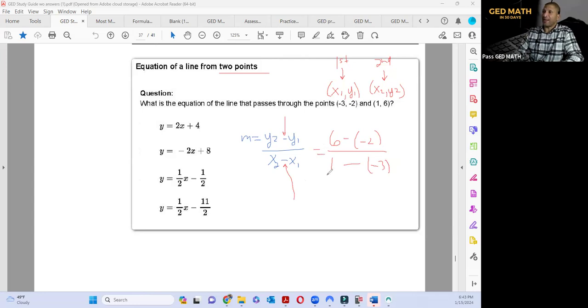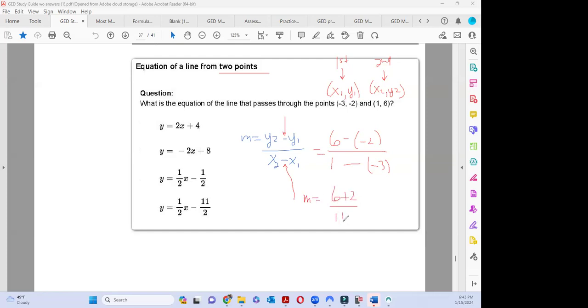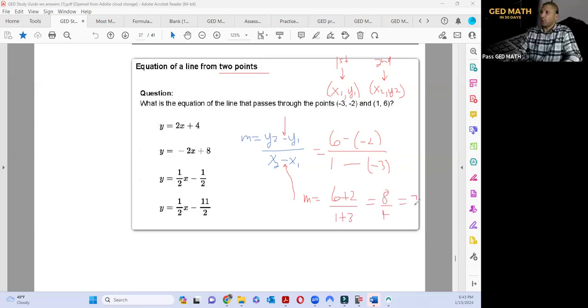You should know by now two negatives next to each other make a positive. So this is going to change to 6 plus 2 over 1 plus 3, which is 8 over 4, which is 2. So I know my slope is 2.